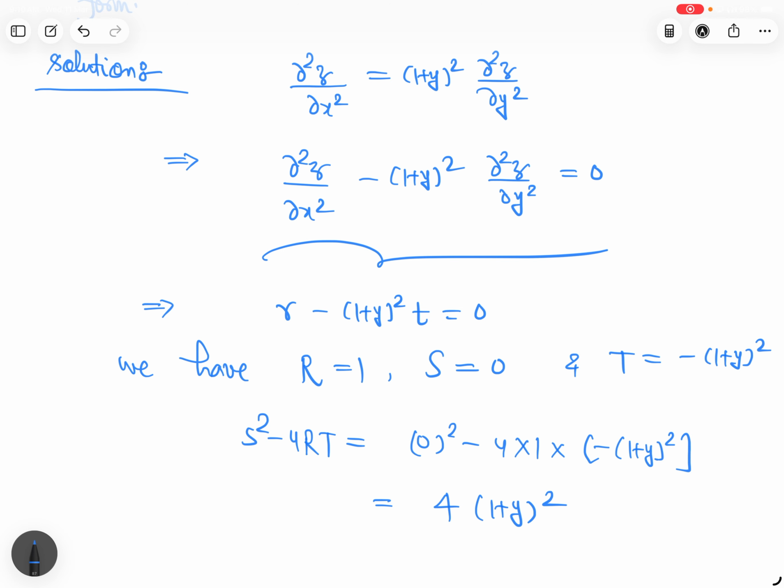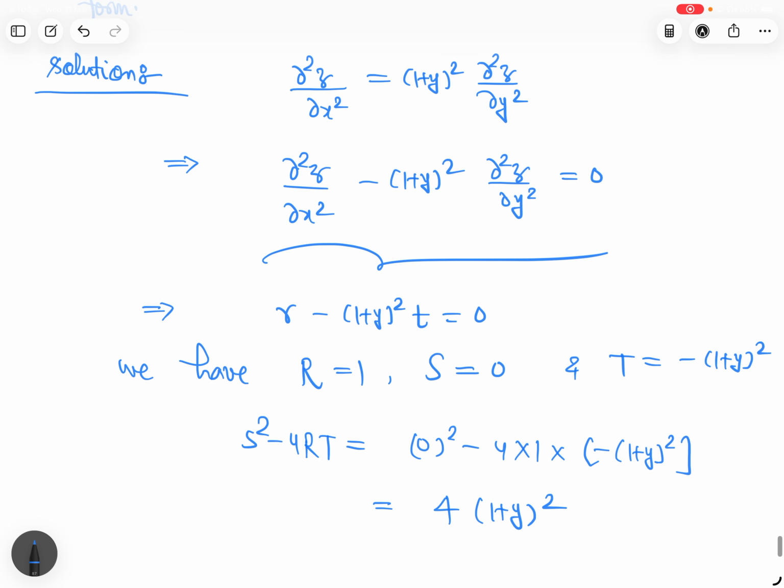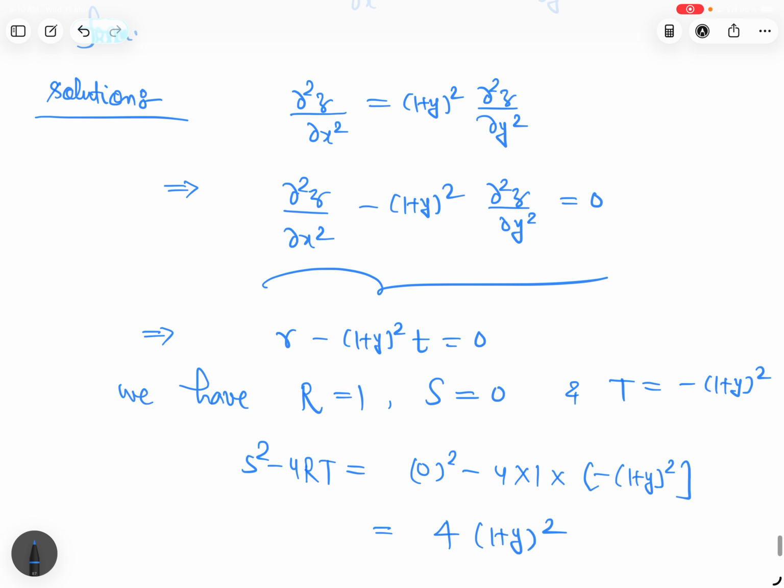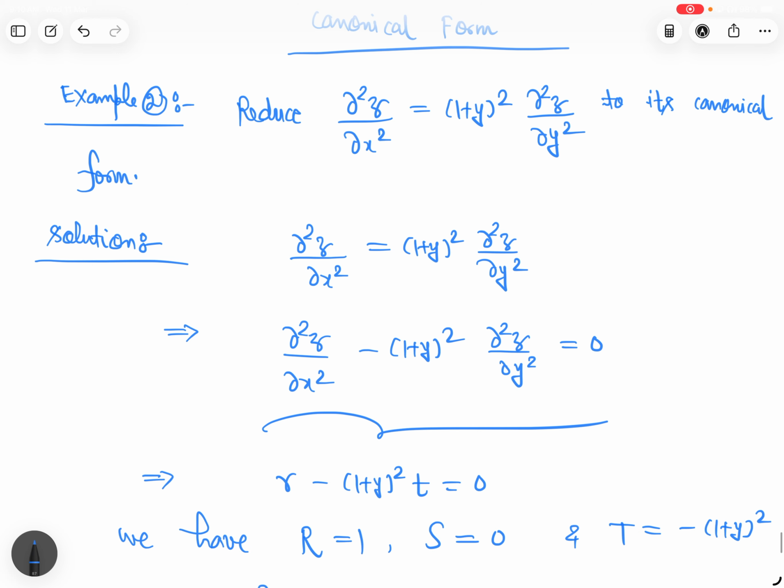So here in the question we are writing y is not equal to minus 1.